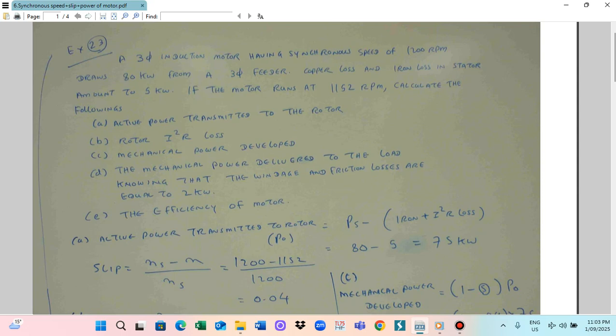So A is the active power transmitted to the rotor.